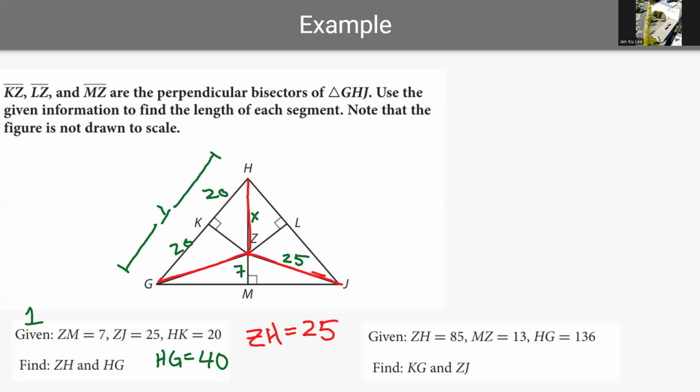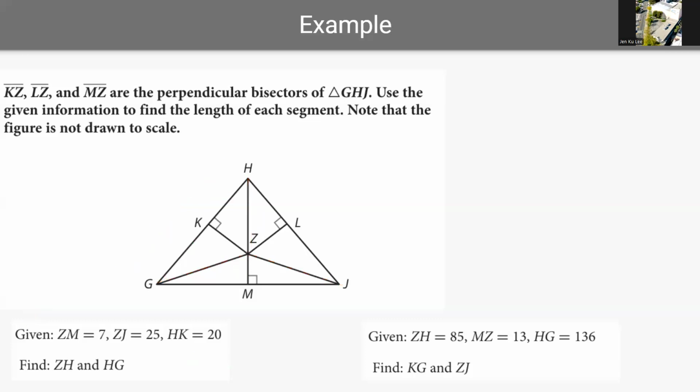All right. So erasing this and going on to example 2. ZH is 85. Ooh, that's a big number. MZ is 13. HG, this whole thing, is 136. Okay, we're given that. We got to find KG.